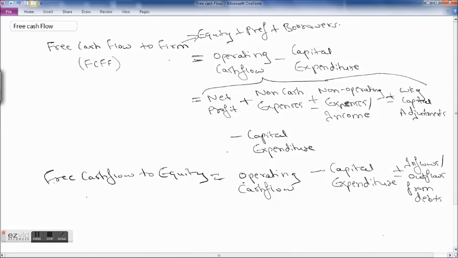You have to consider your inflows and outflows from your debts also to determine how much is the free cash flow to the equity.